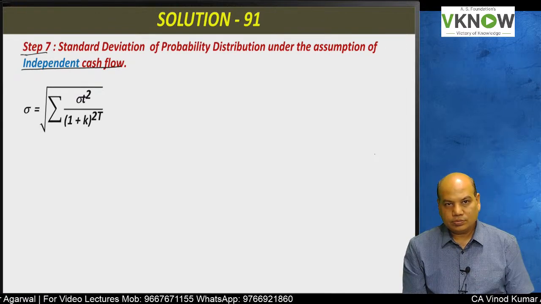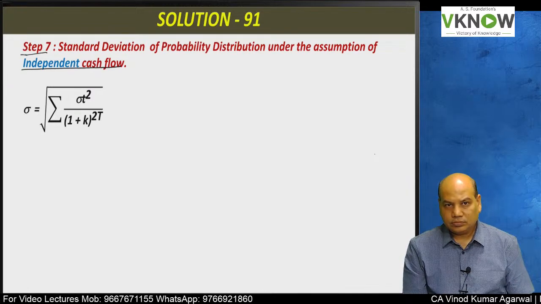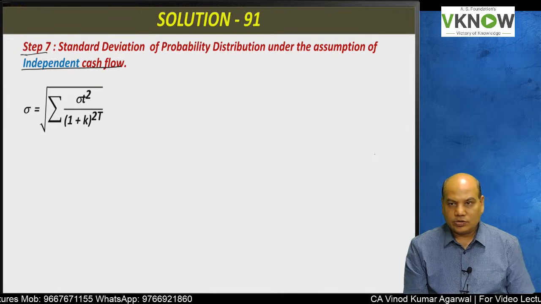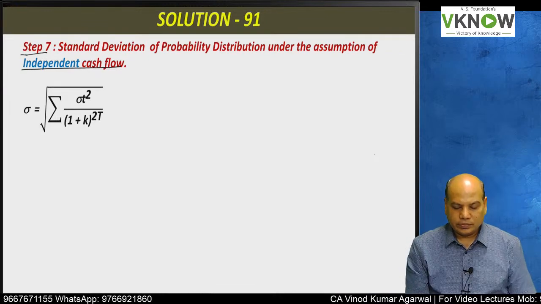Sigma equal to under root summation sigma t square upon 1 plus k to the power 2t.